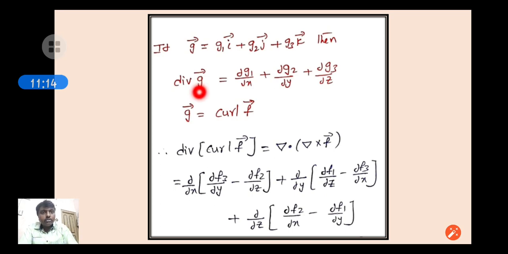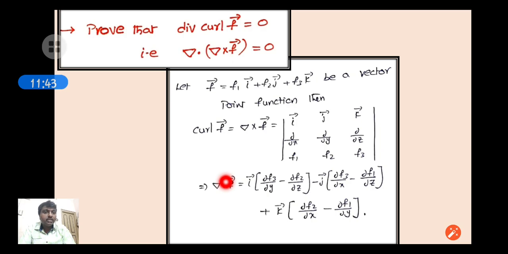Then div g bar, from the definition of divergence, is dou g1 by dou x plus dou g2 by dou y plus dou g3 by dou z. At the place of g bar we take curl f bar, which we already calculated. So g1 is the component of i bar, g2 of j bar, and g3 of k bar.